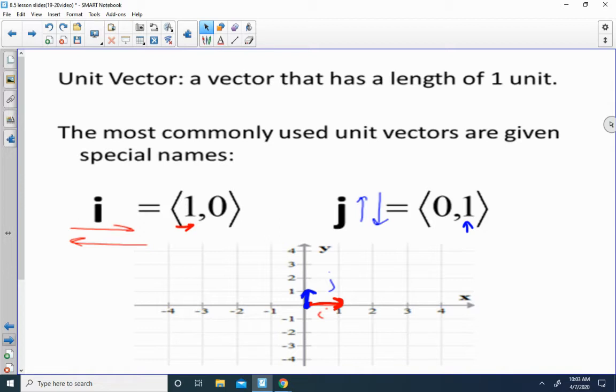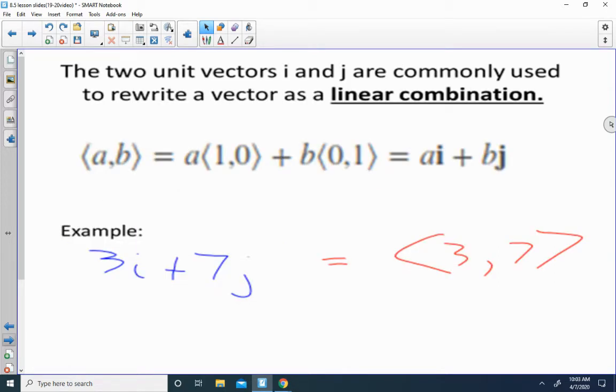So with that said, let me show you how to translate these unit vectors with the notation. So let's say you're given this notation, 3i plus 7j. What's going on here is basically saying, for the first one, you're taking unit I.